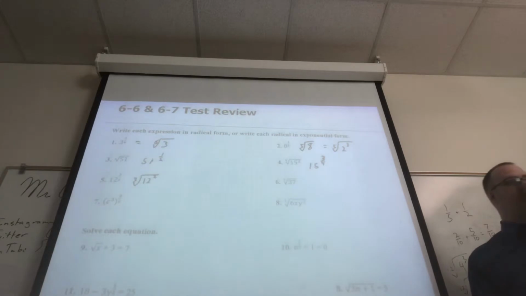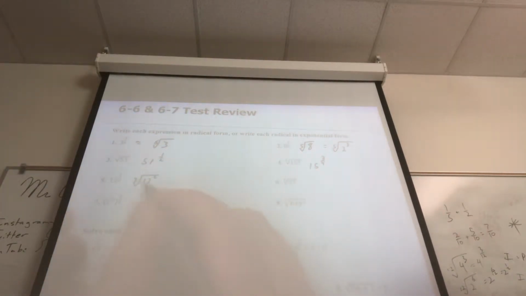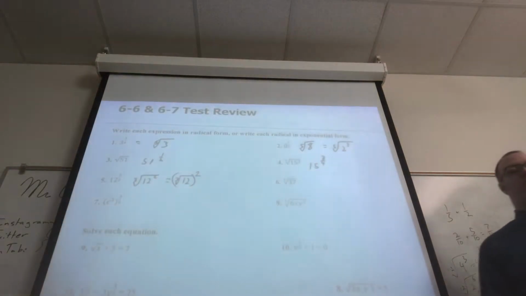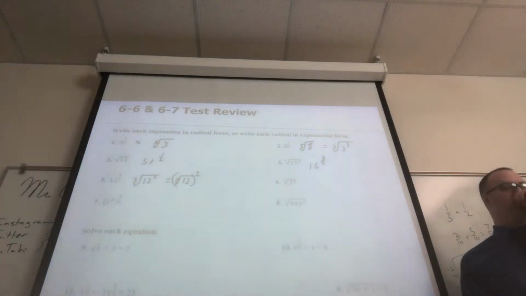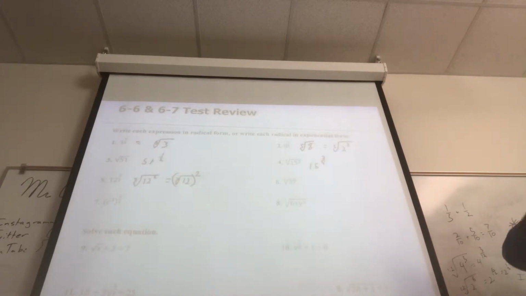Now, it actually doesn't matter on these if they have the cube root of 12 squared or the cube root of 12, squared. Either way would be acceptable. So it might be worth checking the numerical equivalent on your calculator and making sure that those numbers come up the same.